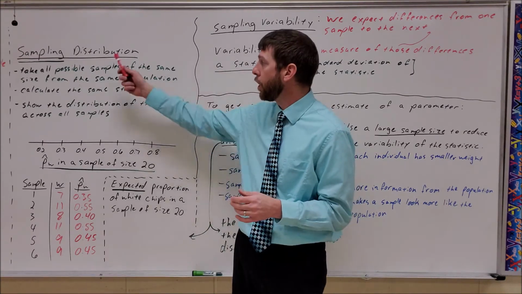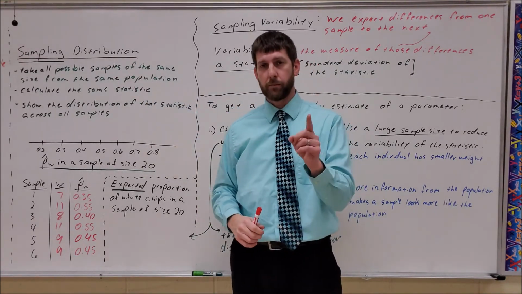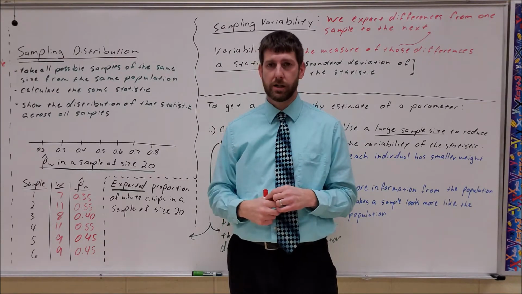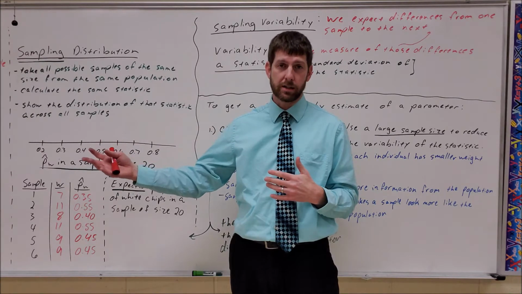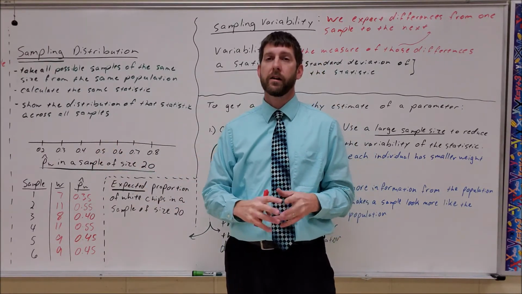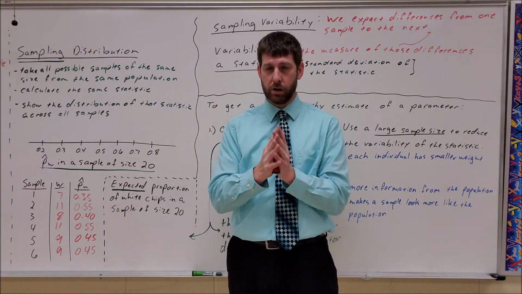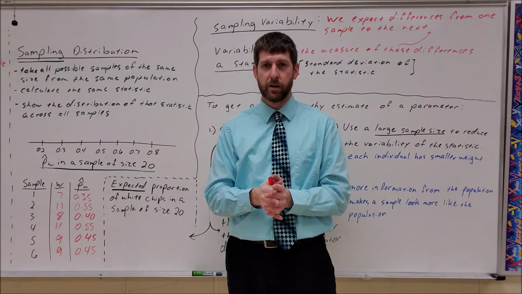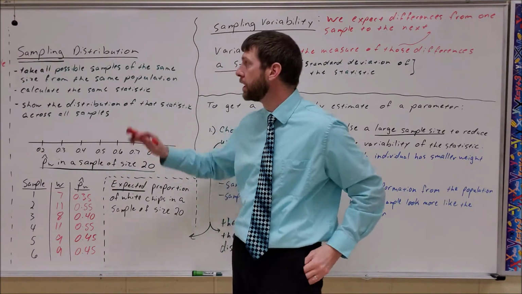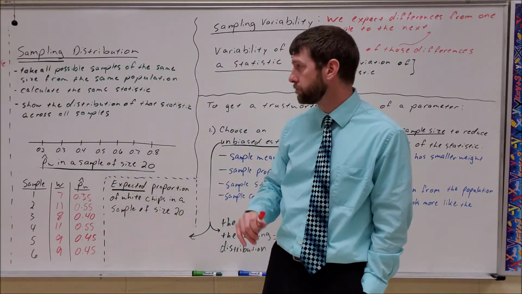It's a distribution of all possible samples from one population at one size. So I could have a sampling distribution at size 20 samples, at size 30 samples, at size 4 samples, but within one sampling distribution, you can only use one sample size. So all possible samples of the same size from the same population. That's what a sampling distribution is.